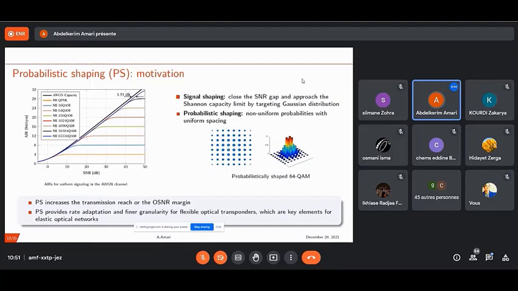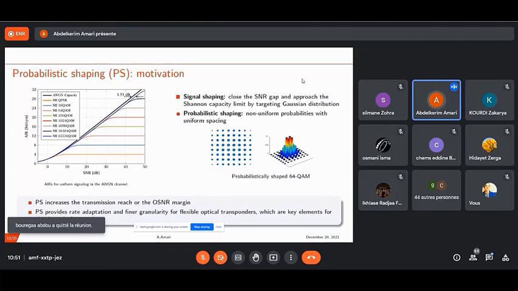For elastic optical networks, the spectral efficiency will be adapted according to the reach and bit rate. And this can be done.